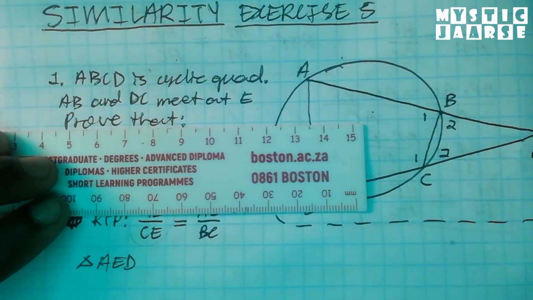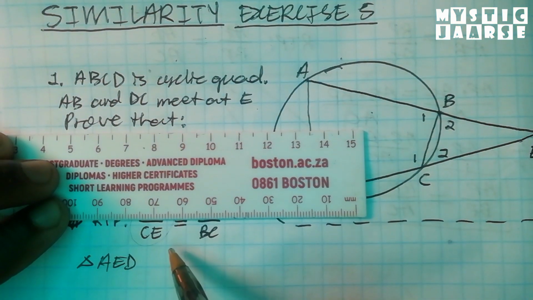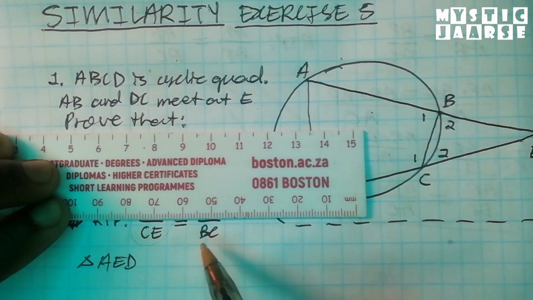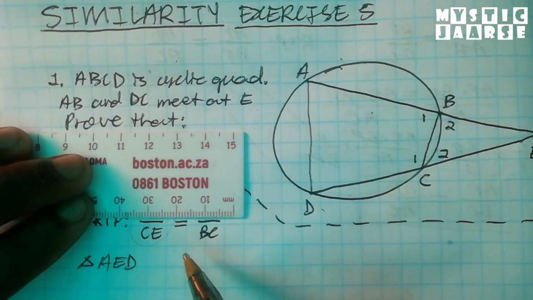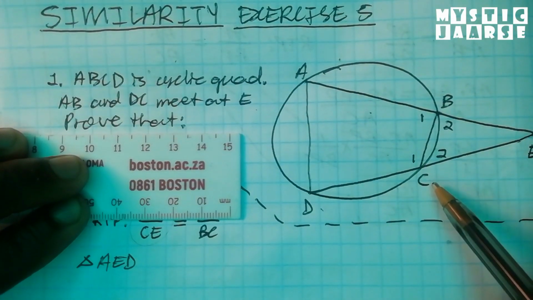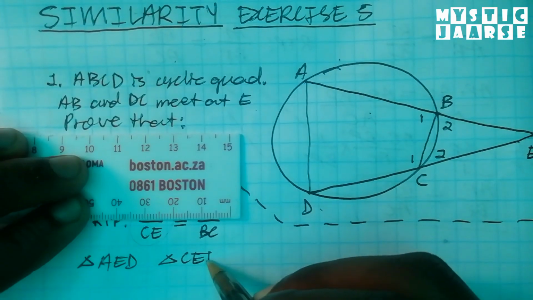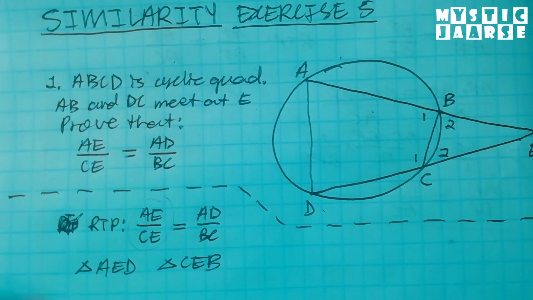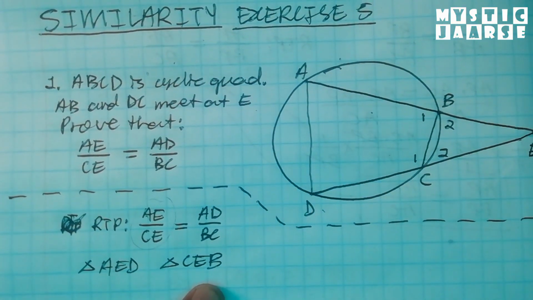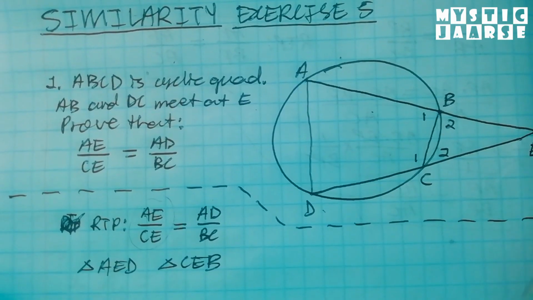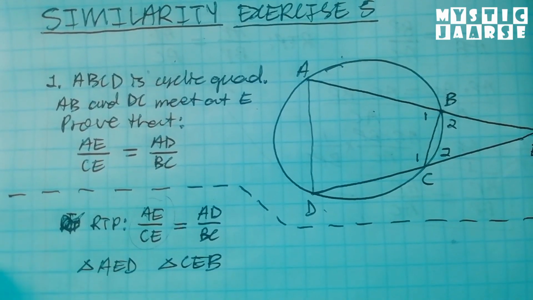Now let's focus on the denominators. We have CEB. Is there a triangle named CEB? Yes, we have triangle CEB. So now we have identified the pair of triangles that we need to prove are similar.